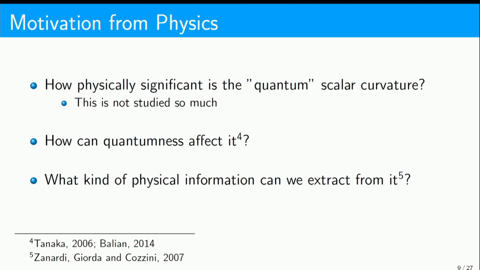So we have seen that the classical scalar curvature is physically significant, but what about quantum scalar curvature? I mean, how physically significant is the quantum scalar curvature? And this is not studied so much, as far as I know.